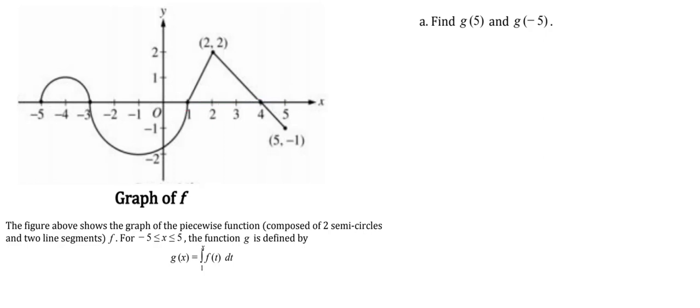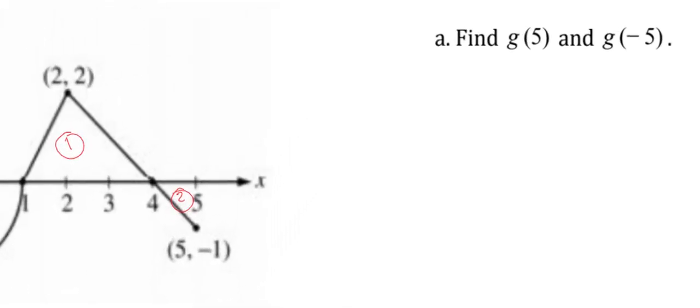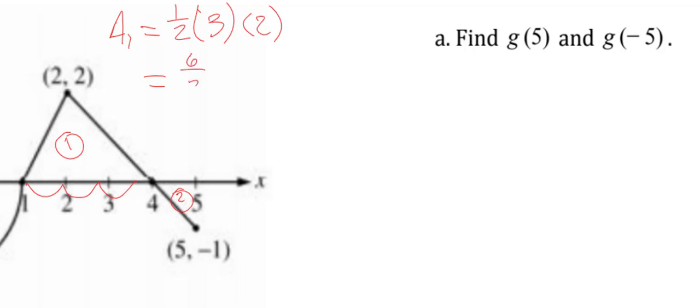When we do that, we'll just very simply use our geometry knowledge to help us. I'm going to call this triangle up here 1, and this triangle down here number 2. The area for triangle 1 is 1/2, and the base is 1, 2, 3, so the base is 3, and the height is 2. Calculating that, 3 times 2 is 6, and I'm going to leave this as 6 over 2 for right now.